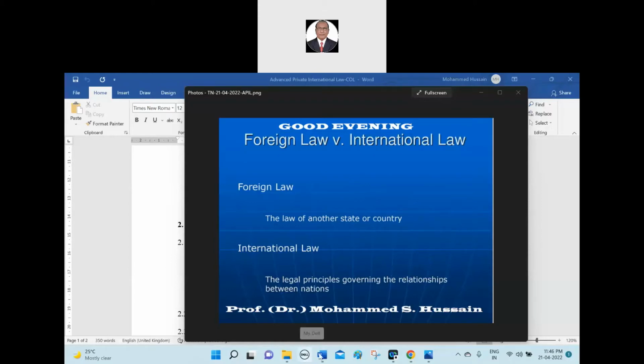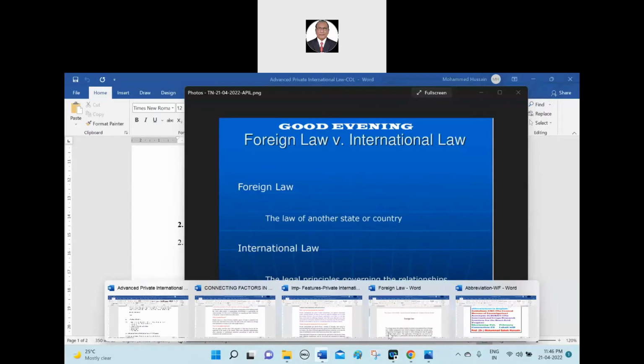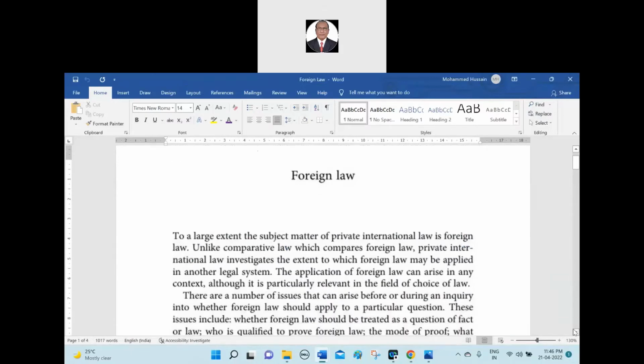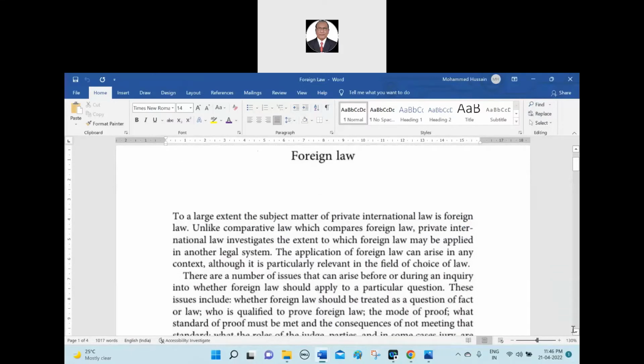Now let us see what is meant by foreign law. Foreign law: to a large extent, the subject matter of private international law is foreign law.